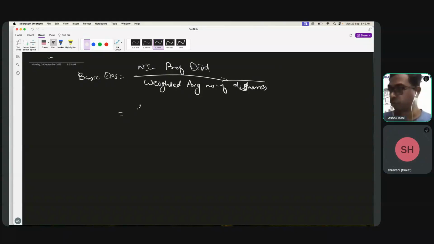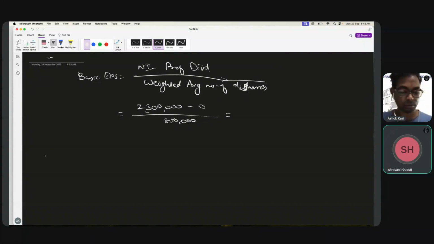Net income is 2.3 million. Minus preferred dividend. Is there any? No. Right. Divided by weighted average number of shares. Weighted average of 800,000. Just calculate this. 2.875.